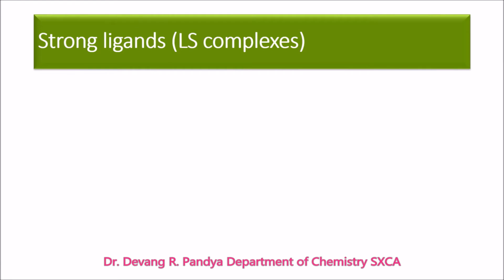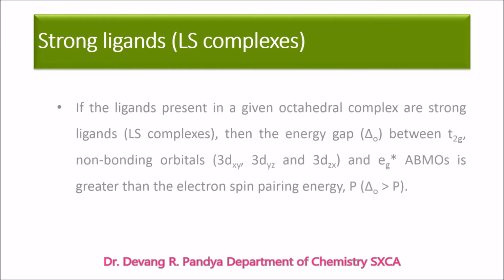Now, how can we brand a ligand as a strong field ligand, or how can we say that the formation of a metal-ligand combination in an octahedral complex becomes a low spin complex? So here we are going to discuss strong ligands, strong field ligands.